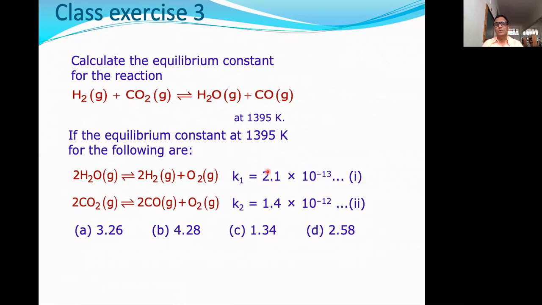Suppose this is equation number 1. And for the reaction twice CO2 gaseous gives twice CO gaseous plus O2 gaseous, the K2 value is 1.4 into 10 raised to minus 12. Suppose this is equation number 2. What will be the answer? A 3.26, B 4.28, C 1.34, and D is given as 2.58.